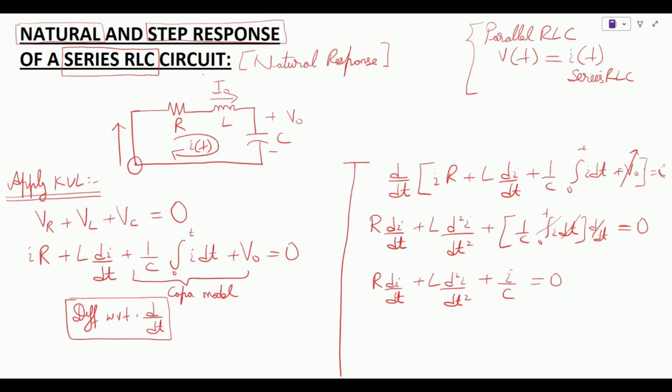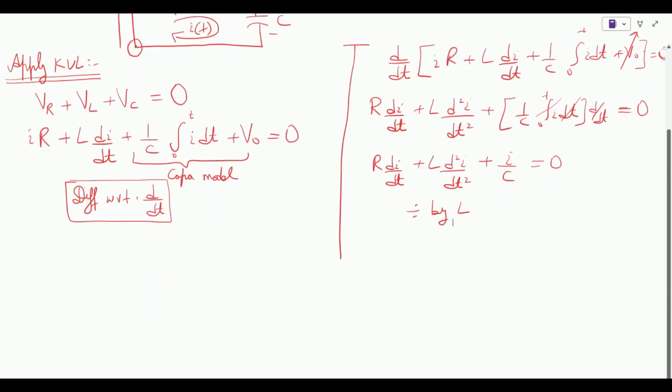Let us divide the complete equation by the inductance L in order to find the current. So we'll have R by L di by dt plus d square I by dt square plus I by LC equals 0.